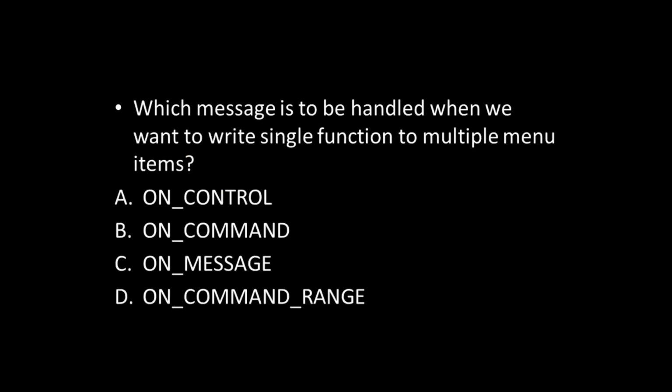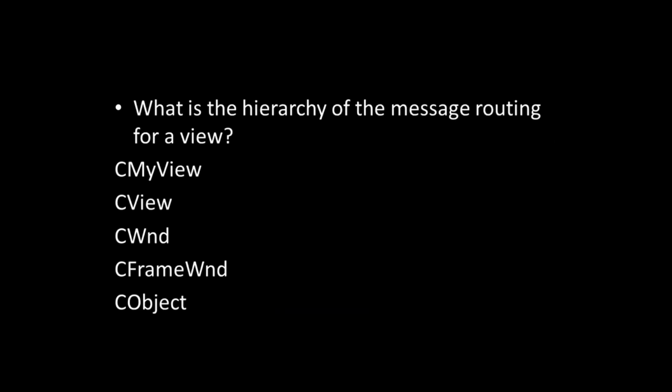Next, which message is to be handled when we want to write a single function for multiple menu items? The answer is ON_COMMAND_RANGE. Now what is the hierarchy of the message routing for a CView? Basically your view class, then CView, CWnd, CFrameWnd, and CObject if your base class is CView.